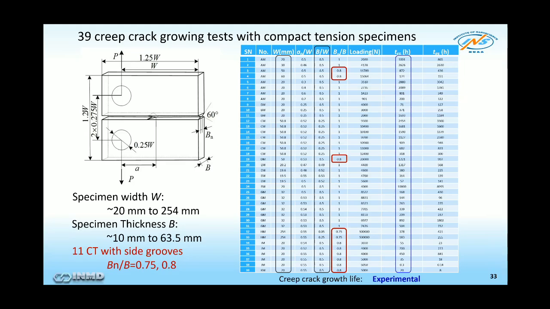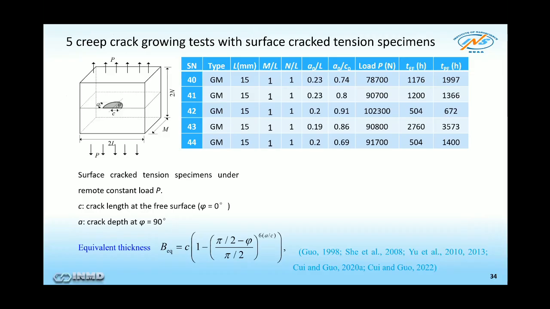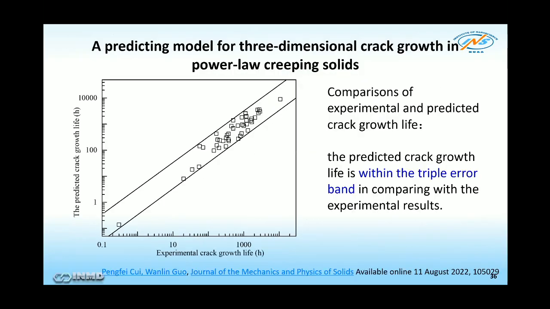This is our prediction, and also for the surface crack, and this one, and this is our prediction ability for all the thickness, with groove or without groove, the surface and the corner crack, and we make predictions within the test error band in high temperature.